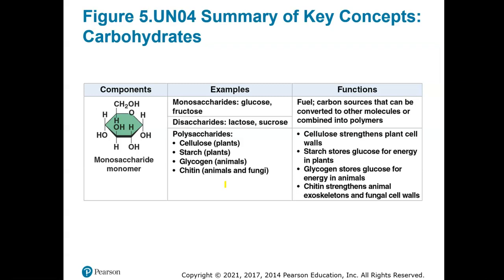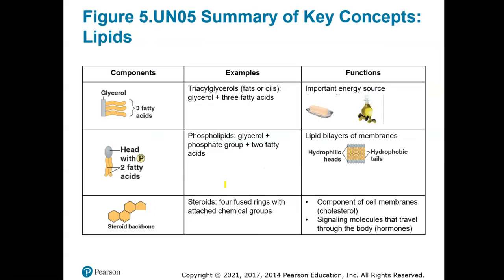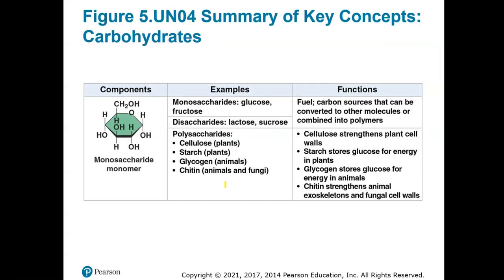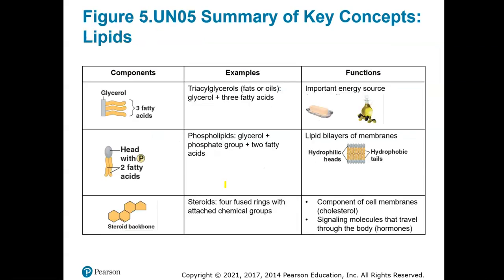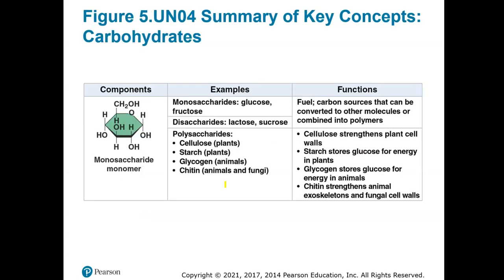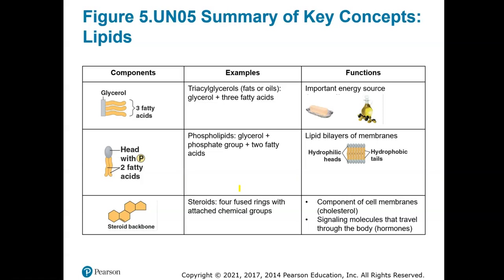Peptidoglycan is a polysaccharide that forms, it's actually got a polysaccharide component and it's got a protein peptide component. Anyway, that forms cell walls in bacteria. All right, and that's probably why it's not in the list, because it's not just a polysaccharide.